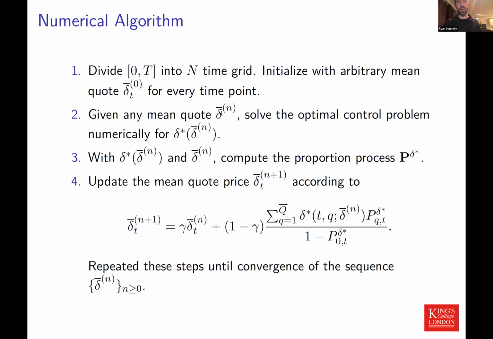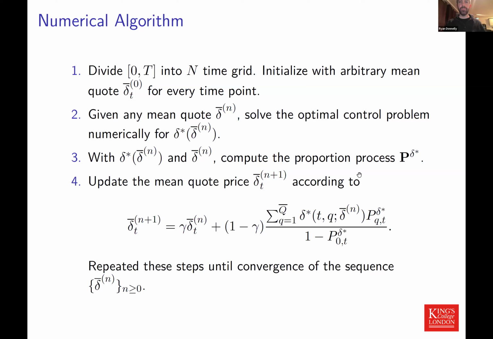So given a delta bar, we can compute delta star. But given a delta star, you can then compute this proportions process. If you know the strategy that every agent is using, you can compute the proportion of agents in any state through time. Remember, we had a system of differential equations forward in time that this process capital P satisfies. So now we have that.